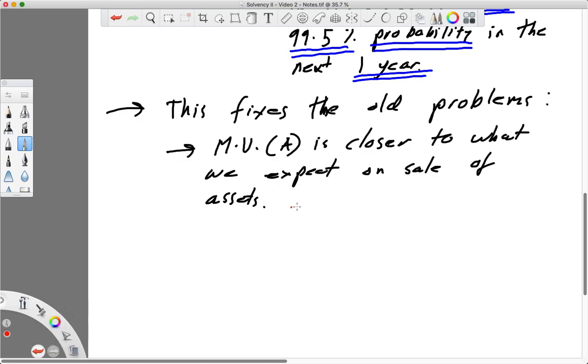I'll just put something into brackets, but is always out of date.